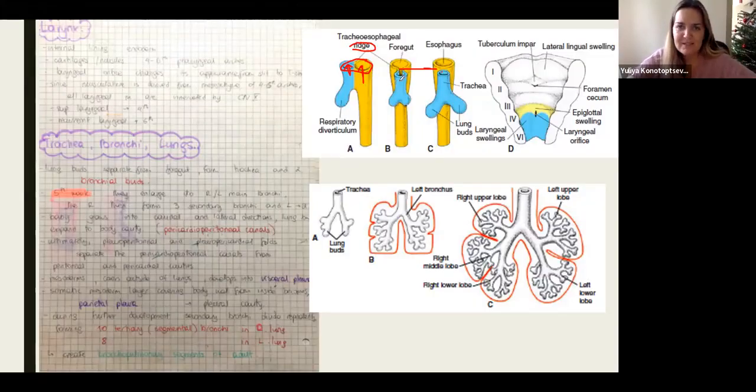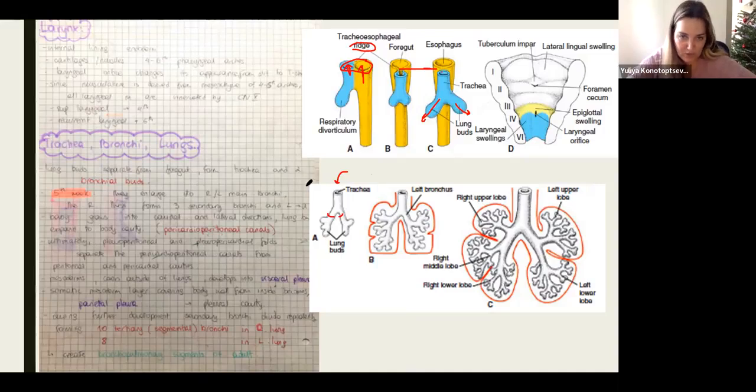Now, once the respiratory diverticulum fully detaches from the foregut, you're going to see it starts to form two outgrowths. Those two outgrowths are known as the lung buds. And of course, these lung buds will become the primary main bronchi. Later, you're going to see that these two lung buds, the primary main bronchi, start to divide a bit more.